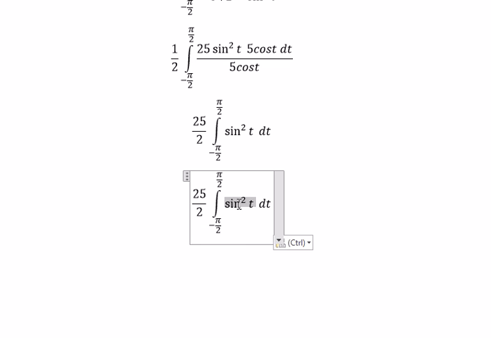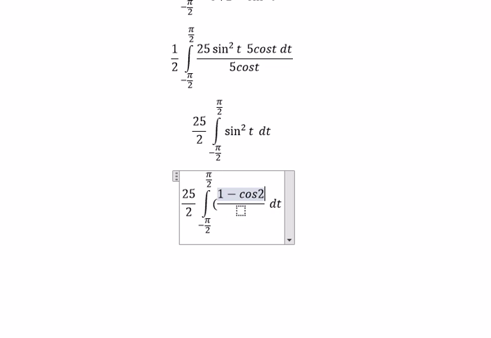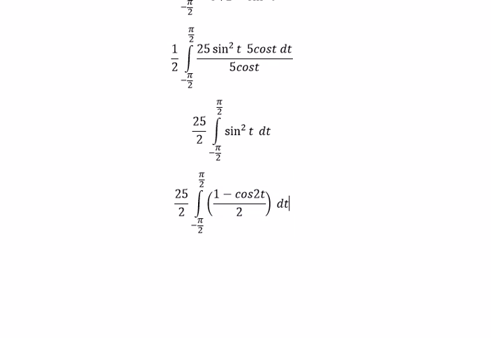This one we can change to 1 minus cosine 2t over 2. So you get the final answer.